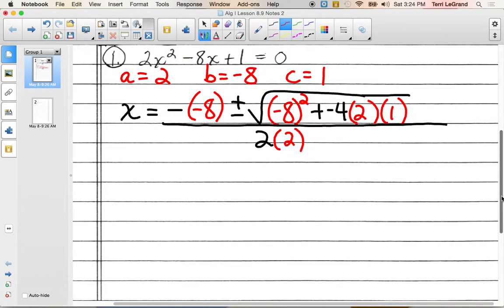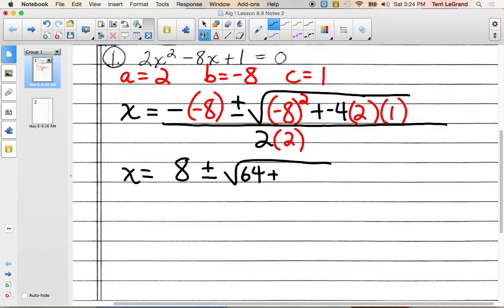So again, just like yesterday, we're not going to do too many things in one step here. So we will have x equals, the opposite of our negative 8 is positive 8, plus or minus. I'm not going to get rid of our radical sign yet. We have negative 8 squared, which is 64.